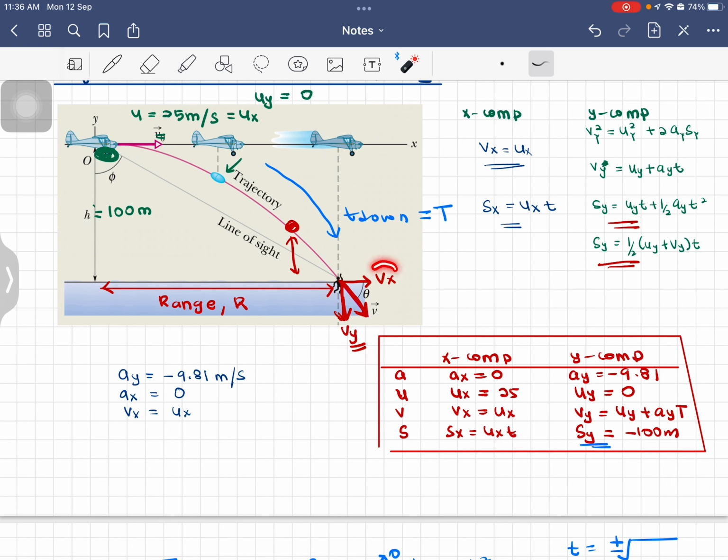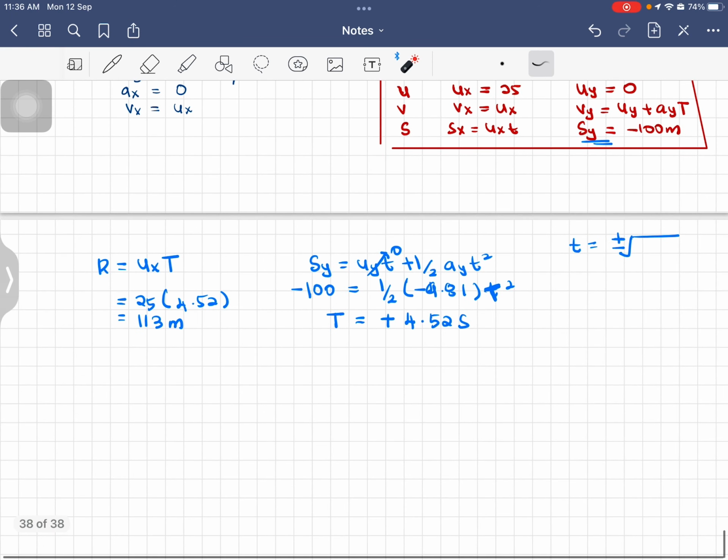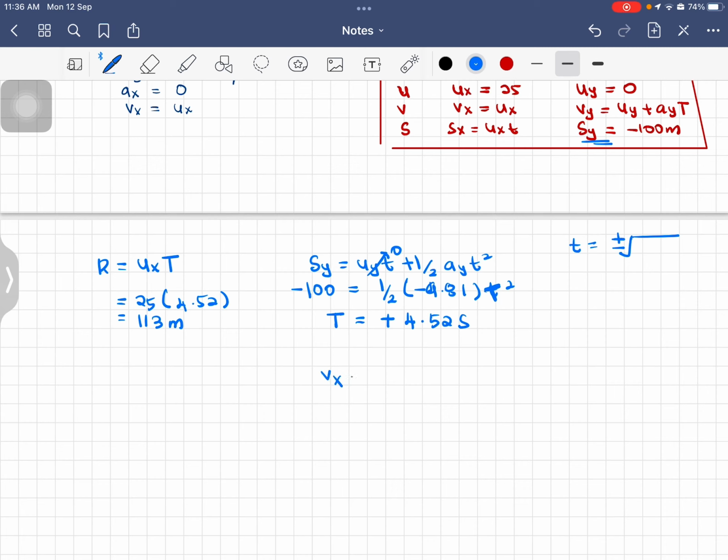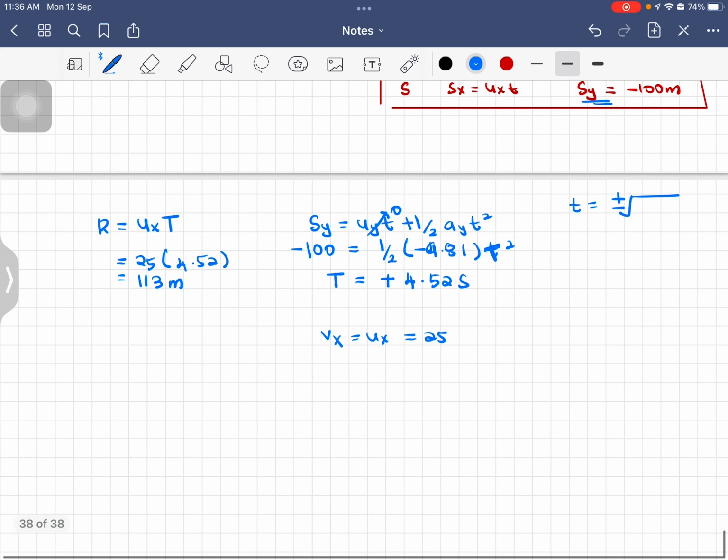Awak mesti dapat Vx awak positif and Vy awak negatif based on this figure, right? Okay, kalau kita boleh guna VUAS, kita boleh guna Vx sama dengan Ux. Okay, sama dengan 25. Ni kita nak cari V tau. Kita kena cari Vx dan Vy separately.